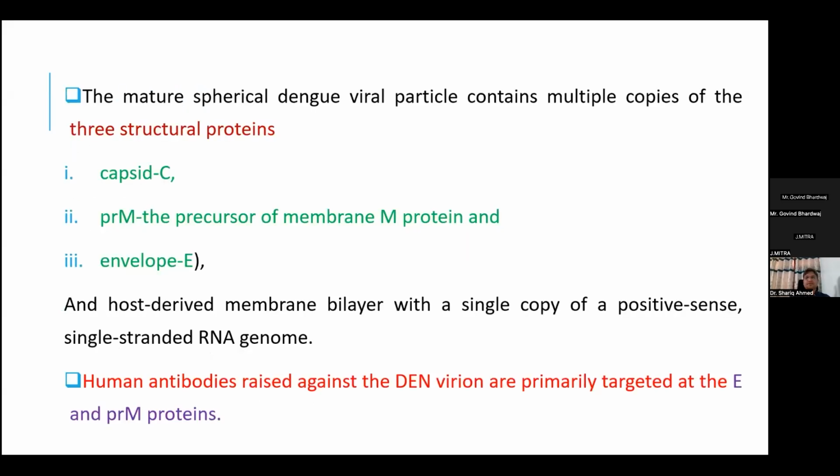The mature virus particle contains three structural proteins: the capsid, denoted by C, the precursor membrane protein, prM, and the envelope, E. It is covered by a host-derived membrane bilayer and a single copy of positive single-stranded RNA genome. It is important to study these structural proteins because human antibodies against this virus mainly target the envelope and the precursor membrane M protein.